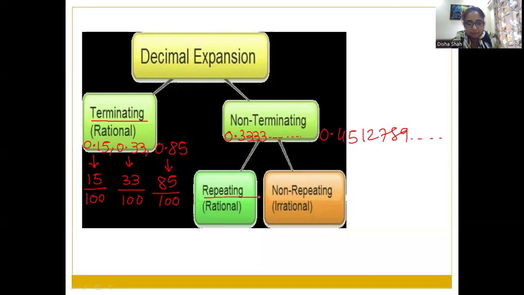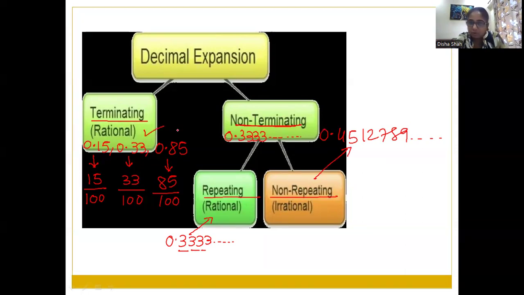One is repeating non-terminating and one is non-repeating non-terminating. यानी कि ये वाले डेसिमल वो होते हैं जो खत्म तो नहीं हो रहे, but the digits are getting repeated. For an example, 0.3333 like this. You can see here that this is non-terminating, but the digits are getting repeated. Whereas 0.451278 is an example of non-repeating, non-terminating.